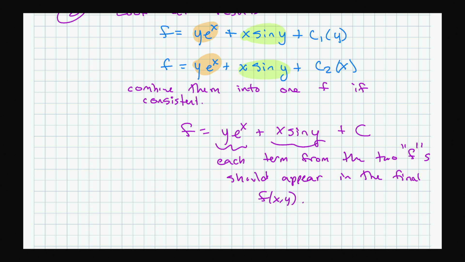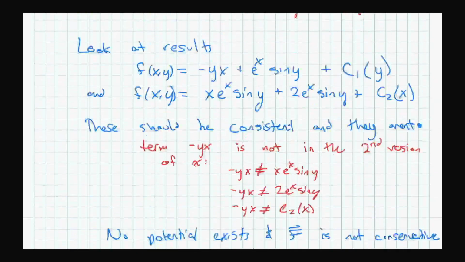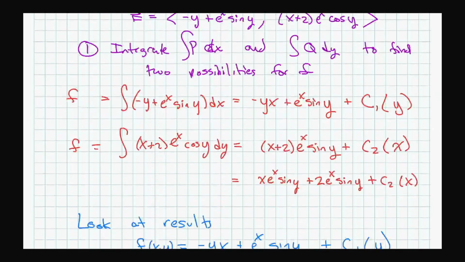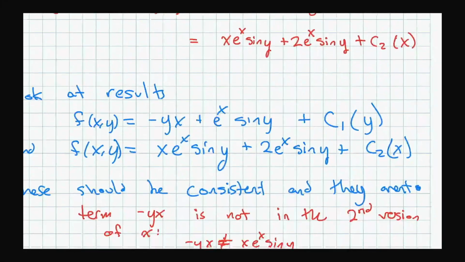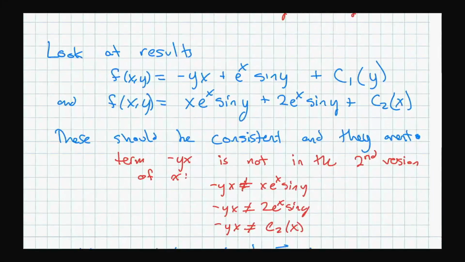Now, the reason I say each term from the two f's should appear in the final answer, but we didn't do that up here, remember, was that the issue here is that these couldn't possibly be coming from the same f. This function right here needs to be somewhere down here, either here or here or here.